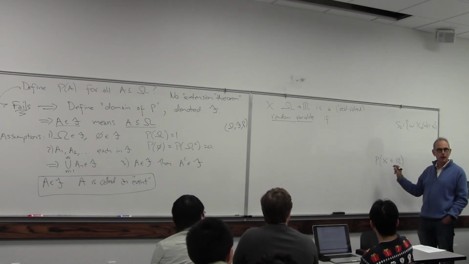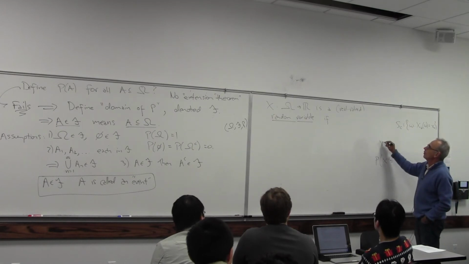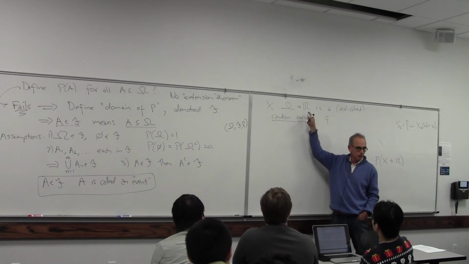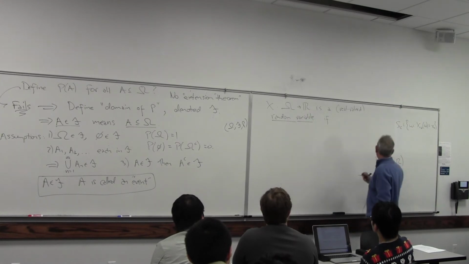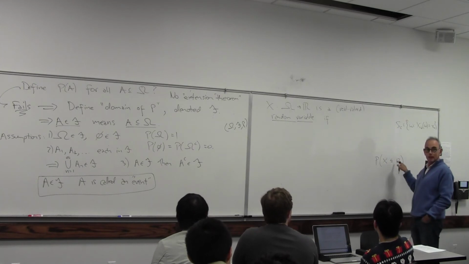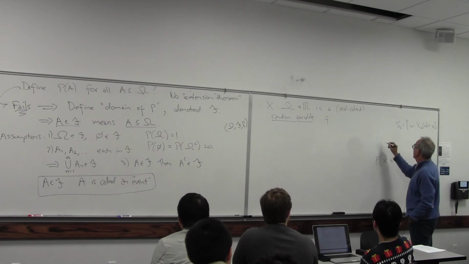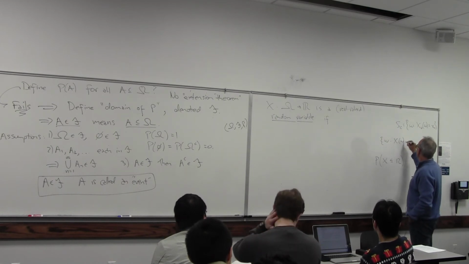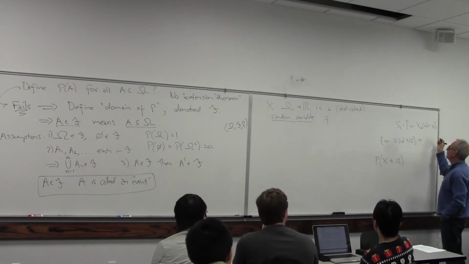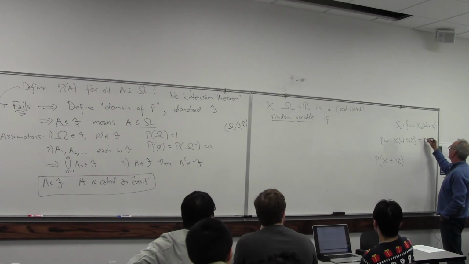Now, I've already told you random variables are mappings from omega to the real line. So I'm going to have to be able to define this in terms of omega, right? So I'm going to look at the set of omega such that X of omega is less than or equal to 12. And in fact, I'm going to give that a name. I'm going to call it, say, E sub 12.